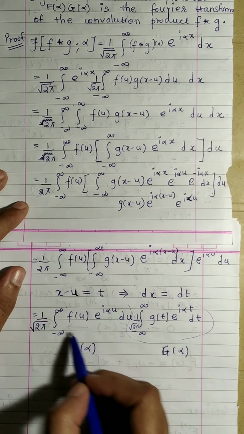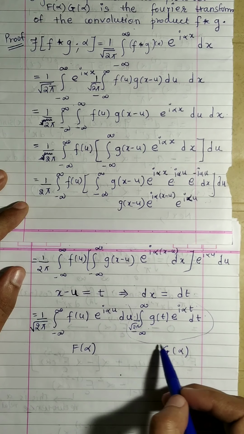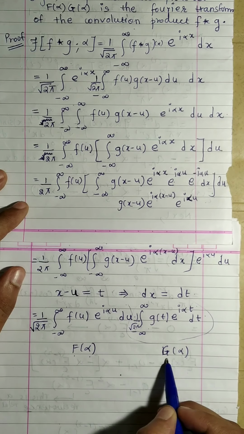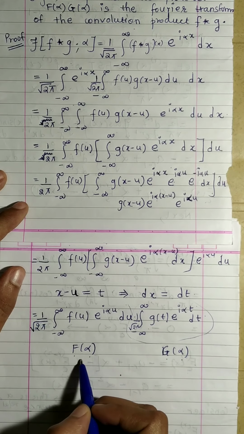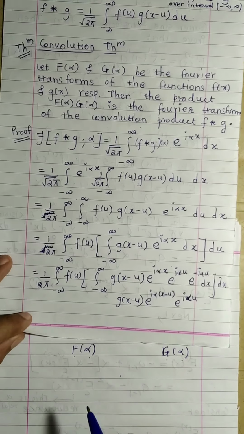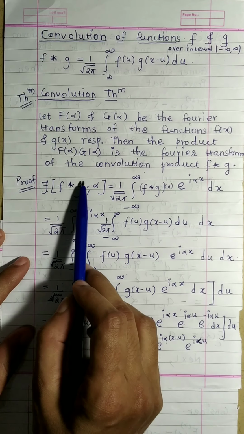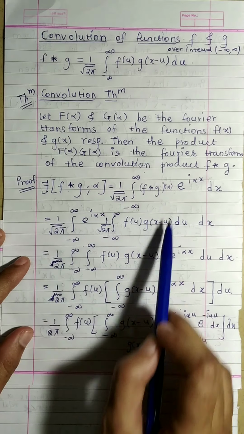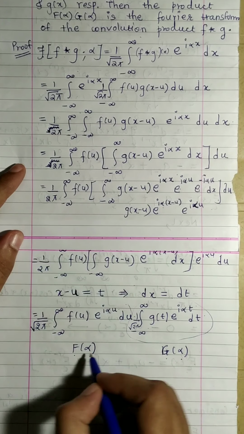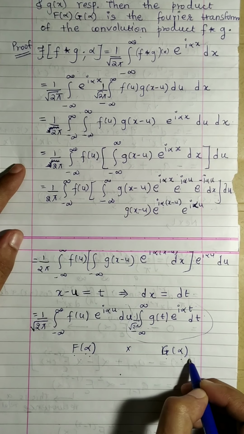So this will be F(alpha), this will be G(alpha), and hence what we have shown is that the Fourier transform of the convolution product is equal to this into this.